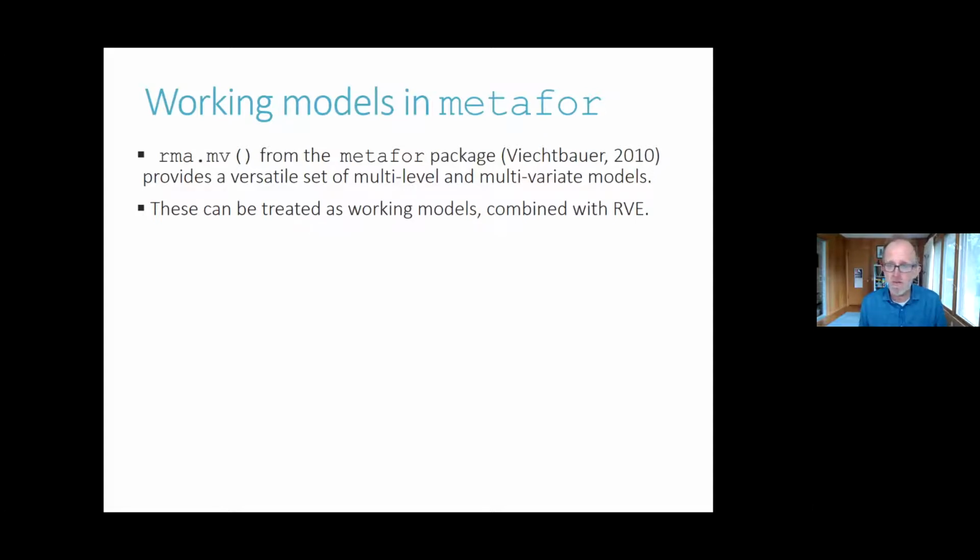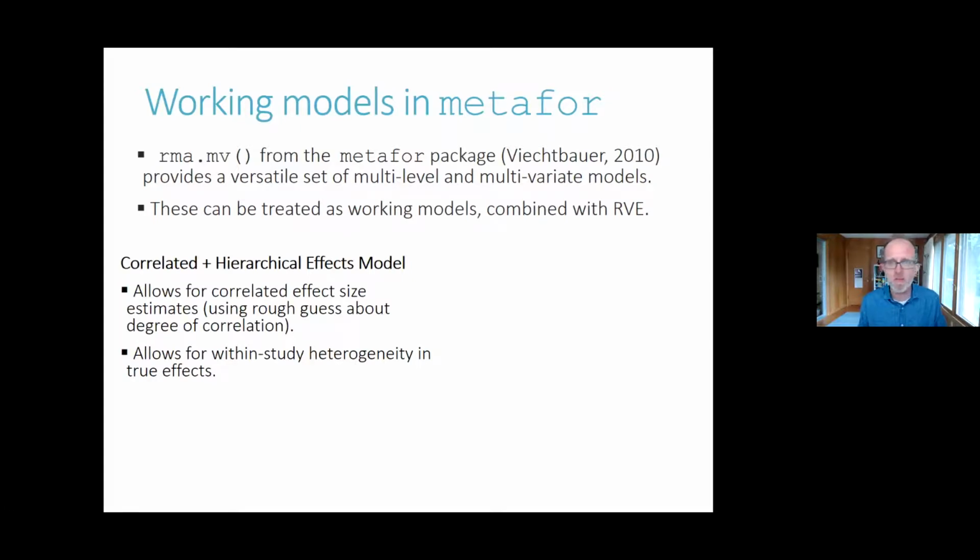One leading candidate for a working model is what we describe in the paper that I mentioned at the top as the correlated and hierarchical effects model, essentially mashing up the previously available correlated effects model and hierarchical effects model, combining all of the features into one working model. This model allows for correlated effect size estimates.